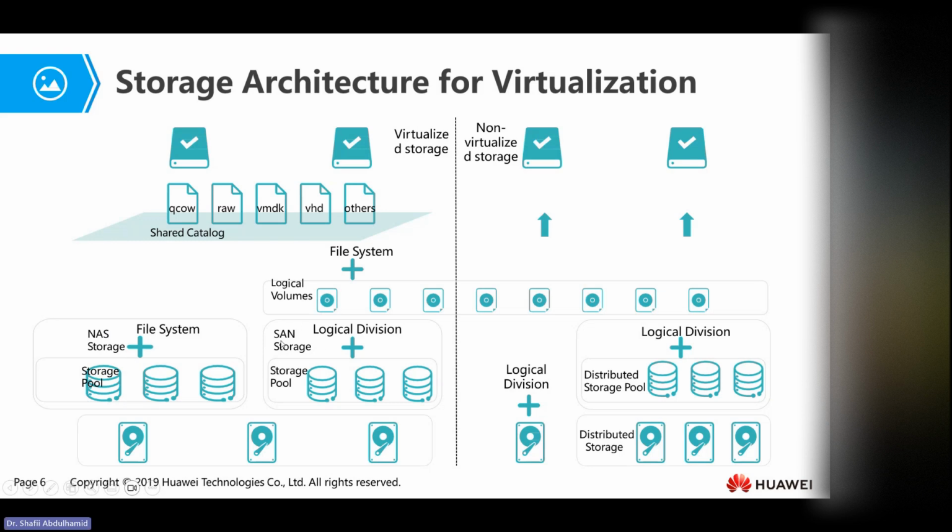So the SAN storage uses logical division of the disk, while the NAS storage uses a file system. Okay, so basically, for the logical division of the disk, immediately after the SAN storage, we can have a logical division or a logical volume of the information, and then the file system.